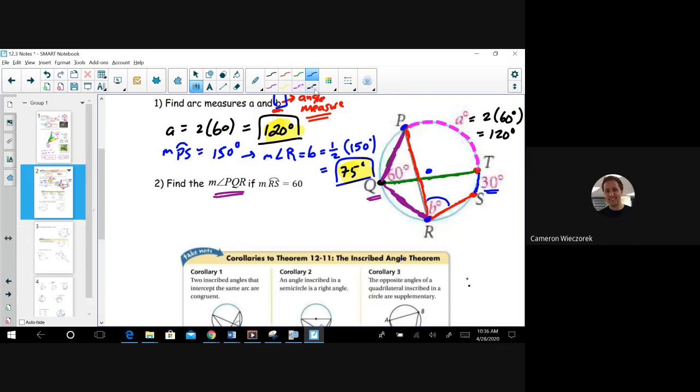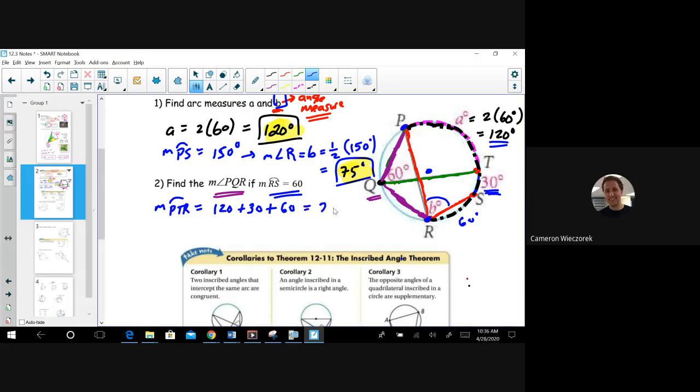So you're looking at the entire arc that's created from P all the way over to R, which really is made up of 2 arcs we already found. The pink one we had before was 120. This one was 30, and now they're telling us that R to S is 60. So we can find that entire major arc, PTR. That's going to be 120 plus the 30 right next to it, plus the 60 right next to it.